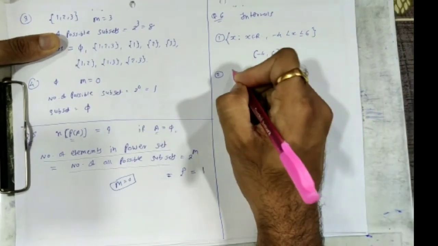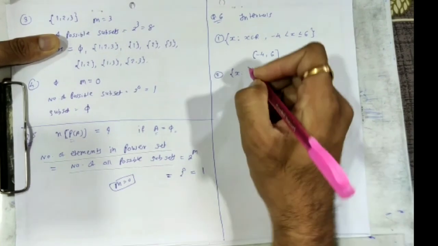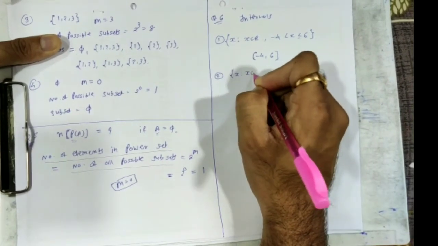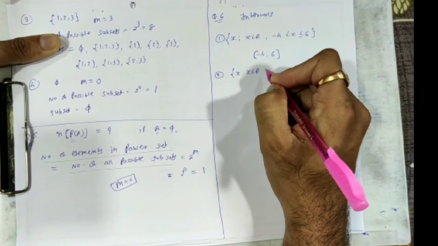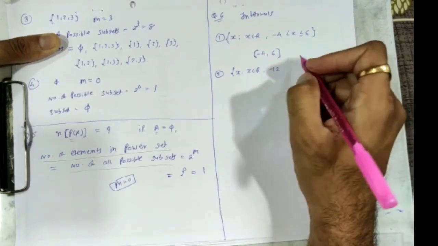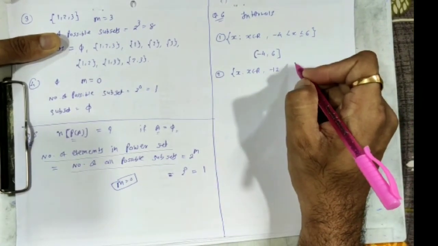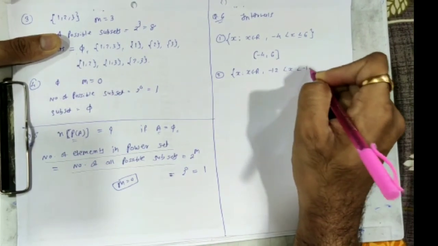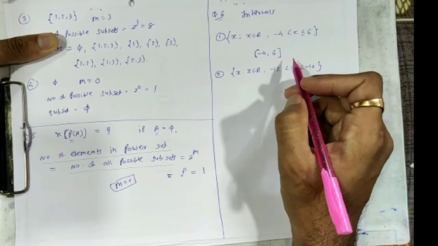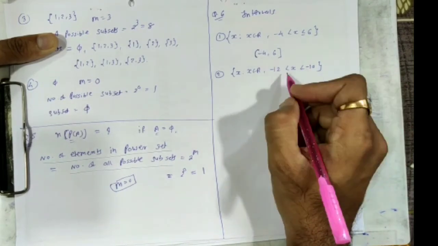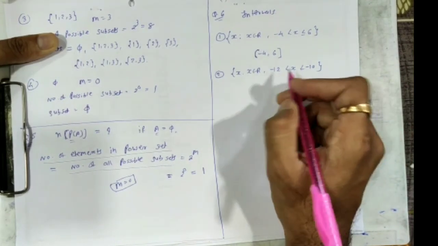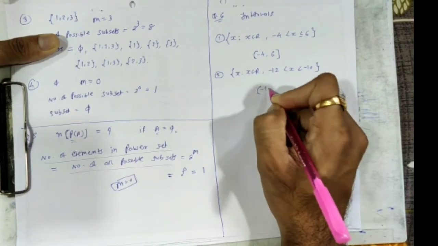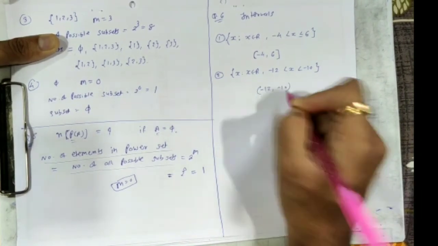Second one, x where x belongs to R, -12 less than x less than -10. So here both endpoints are excluded, not equal to sign यहाँ कहीं पर भी नहीं है. So round bracket यूज करेंगे, -12 -10.